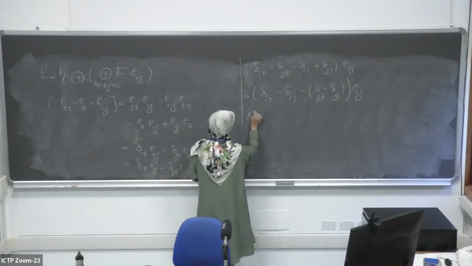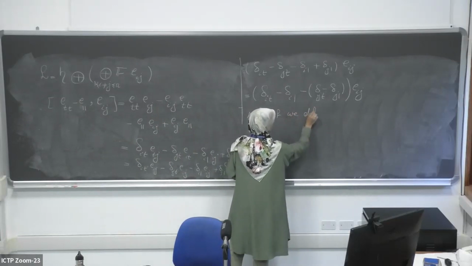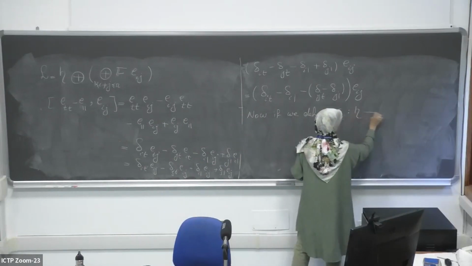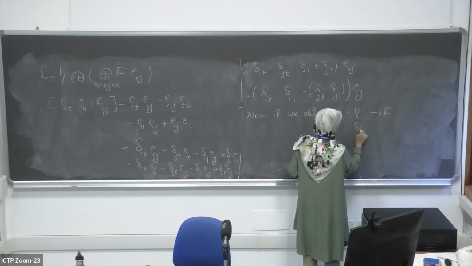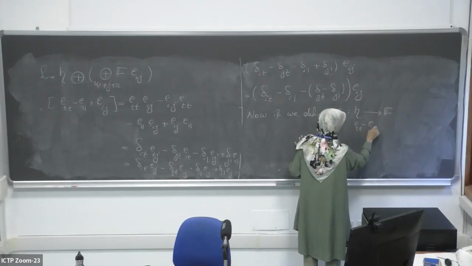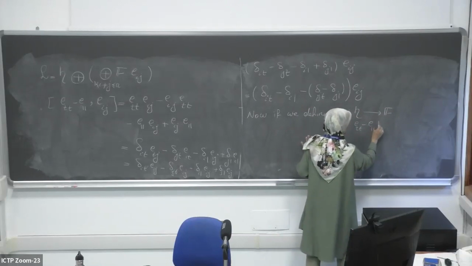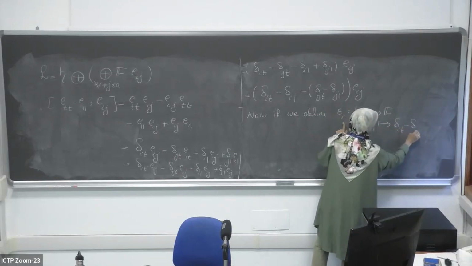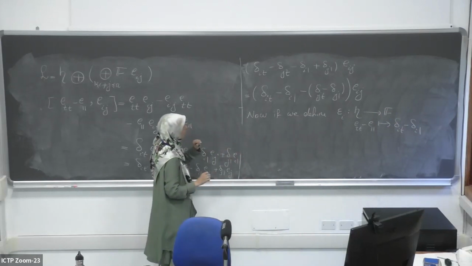Now, if we define epsilon_i from H to F, mapping E_tt minus E_11, a typical element of the basis, to delta_it minus delta_i1, what do we have?